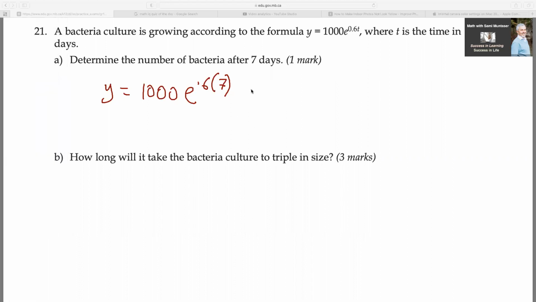And it gives me 66,686 bacteria, or whatever the plural of bacteria is. So that's the answer for this.